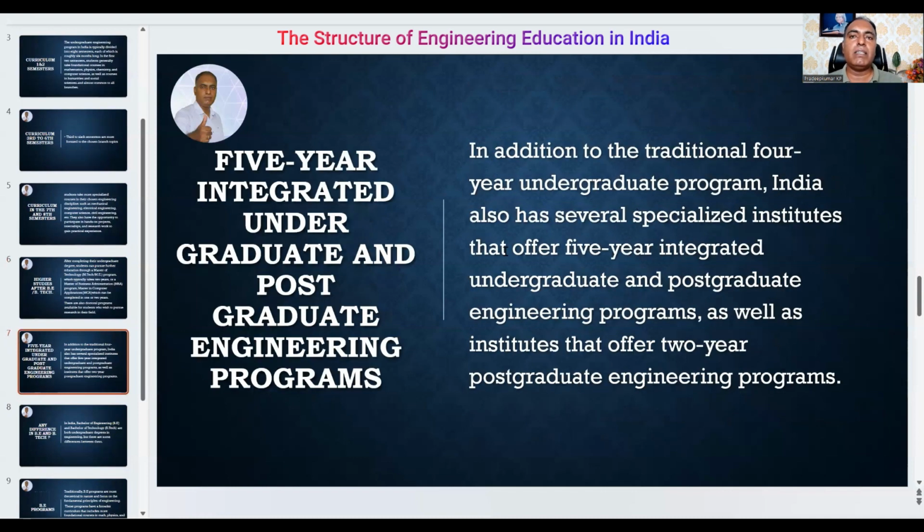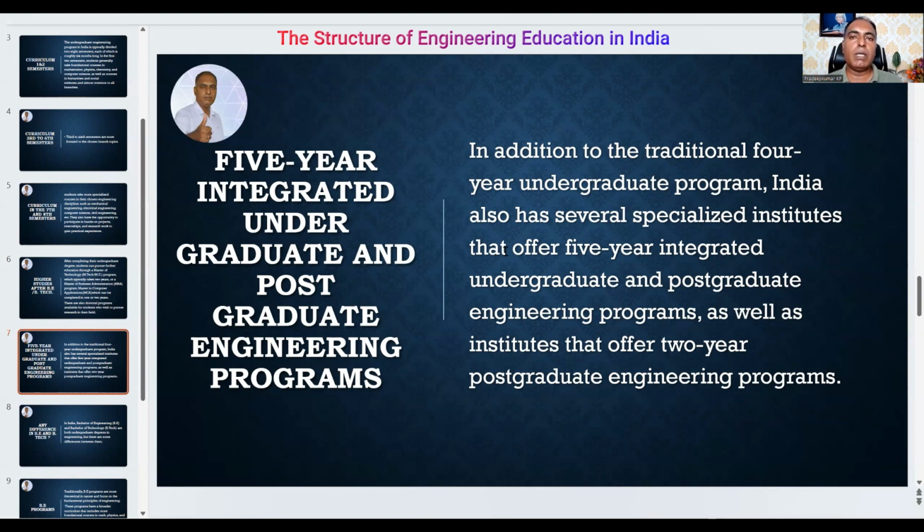In some places there are 5-year integrated undergraduate and postgraduate engineering programs, where both undergraduation and postgraduation will be covered in 5 years. So in addition to the traditional 4-year undergraduate program, India also has several specialized institutes that offer 5-year integrated programs, as well as institutes that offer 2-year postgraduate engineering programs.